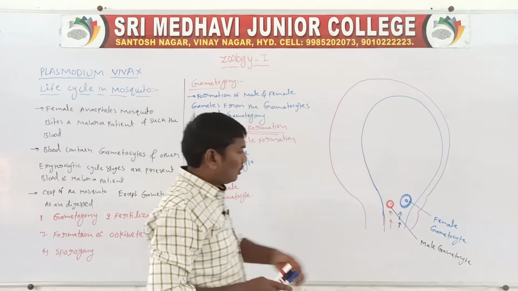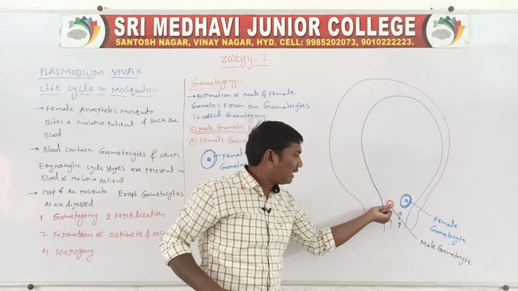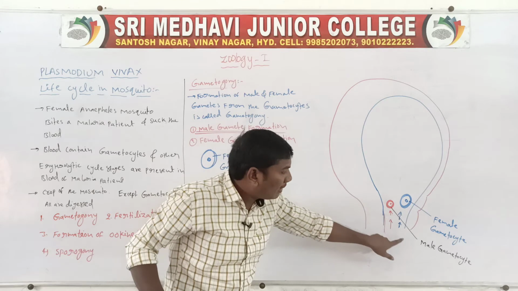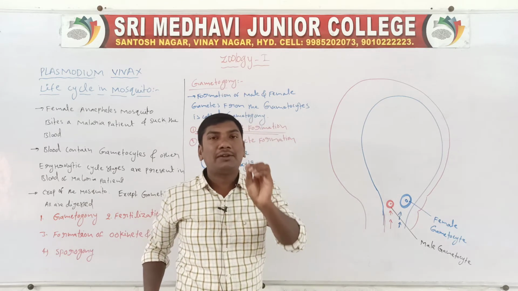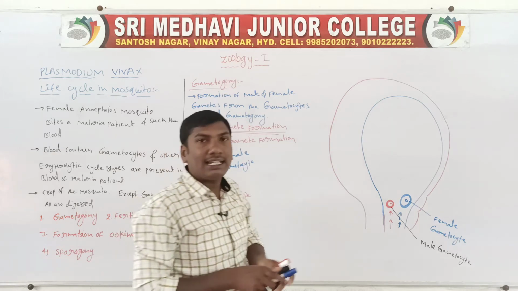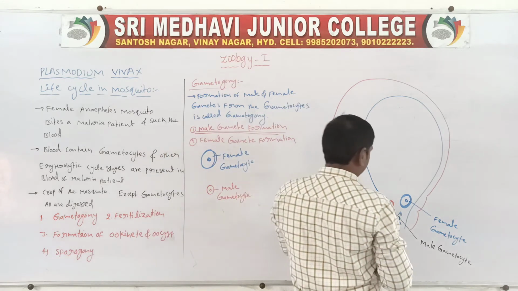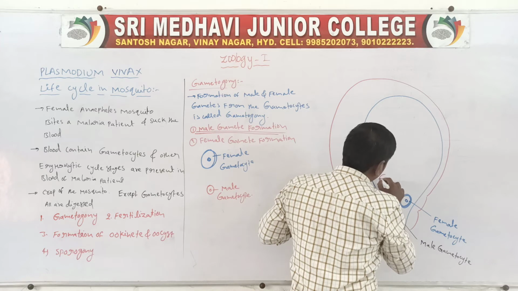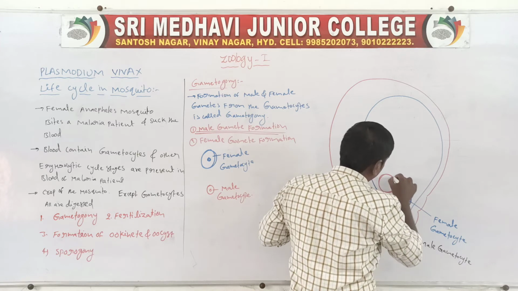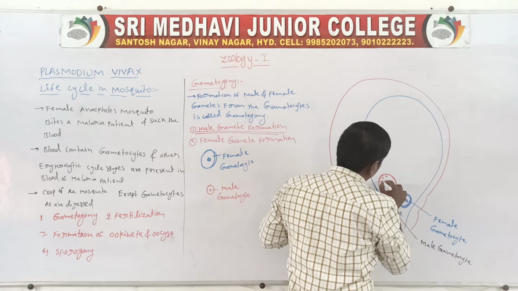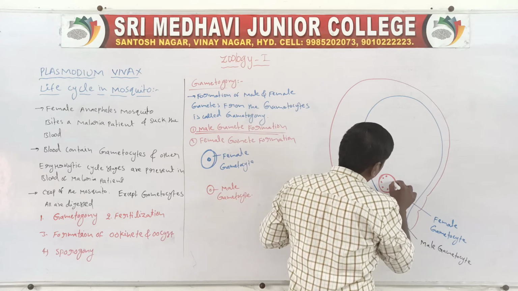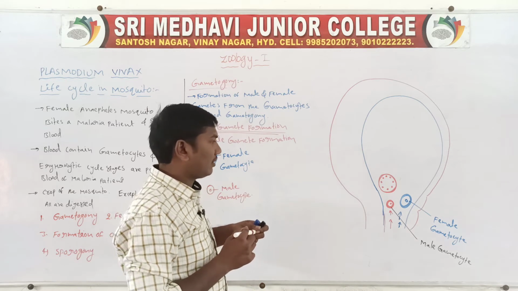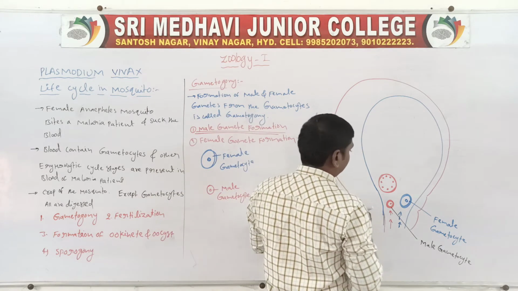Male gamete formation means the nucleus of the microgametocyte, the male gametocyte, is divided into 8 daughter nuclei, which are called pronuclei.